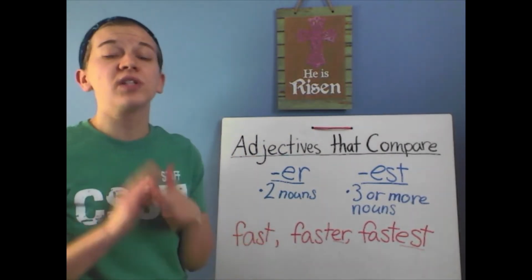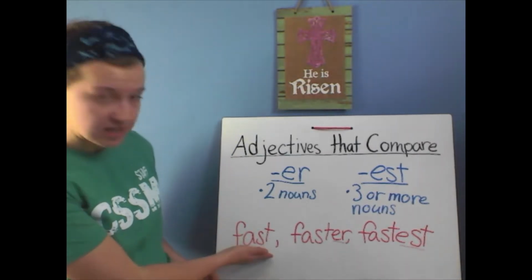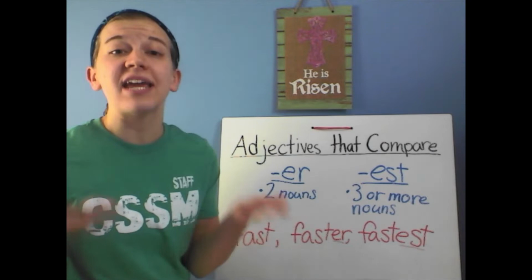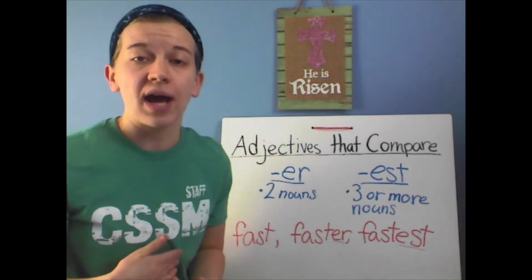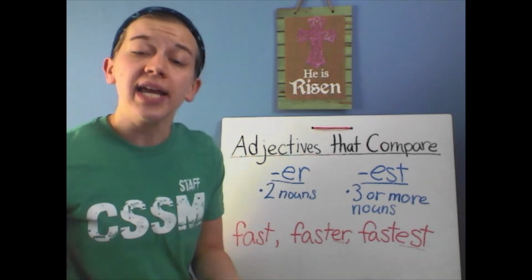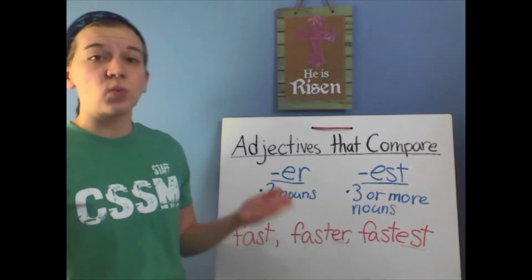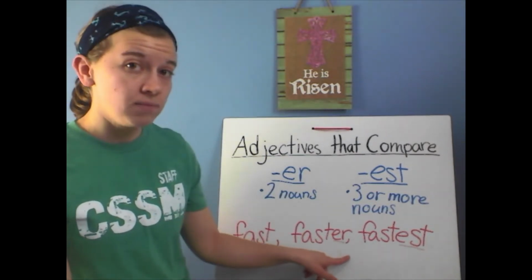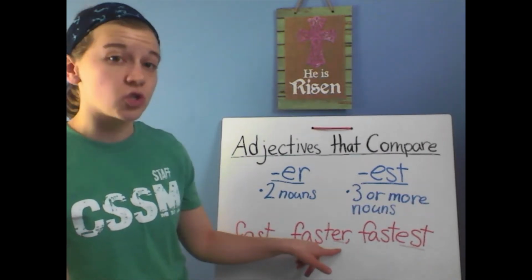So, if our adjective was fast, okay? Fast. We can say a sentence would be, Kurt is a fast runner, right? That describes the kind of runner that Kurt is. Kurt is a fast runner, all right? But then if we're comparing two people, we would use the word faster.